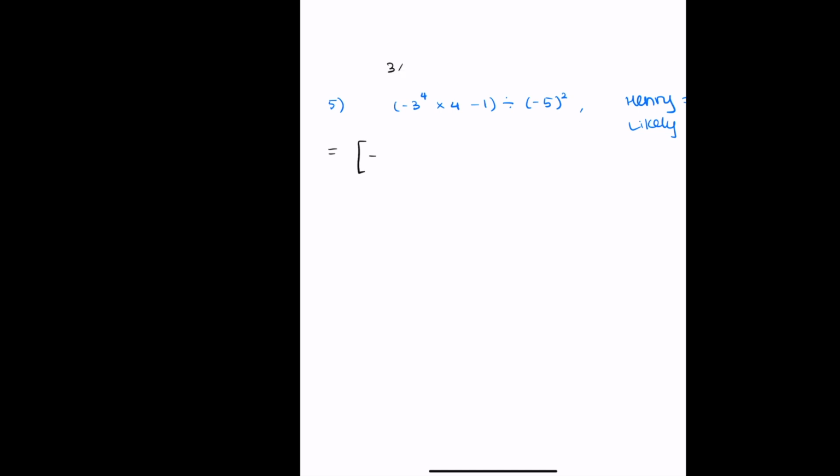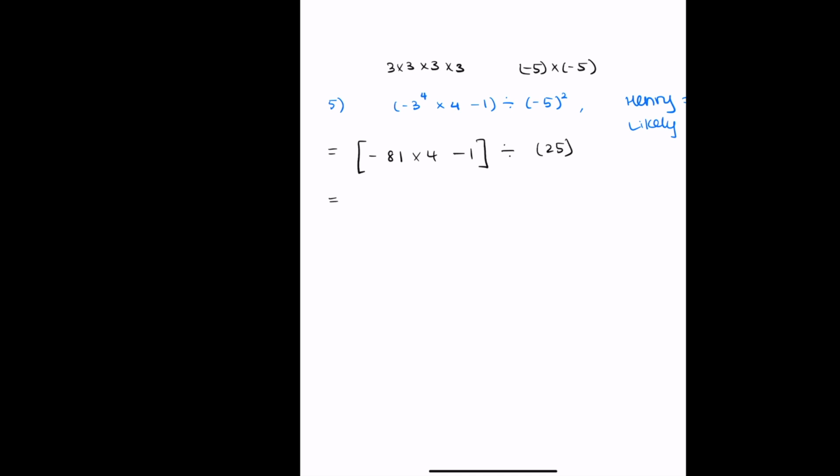So 3 times 3 times 3 is 27. 27 times 3, I believe, is 81. Yes. 81 multiplied by 4 minus 1, all divided by negative 5 to the power of 2. So this is just going to be 25, right? Because it's negative 5 multiplied by negative 5. So it becomes positive.